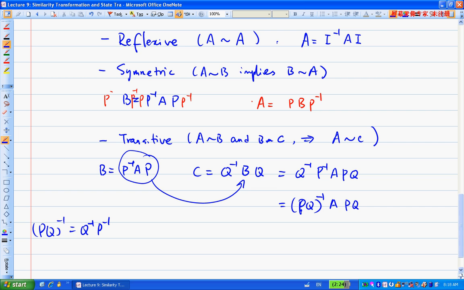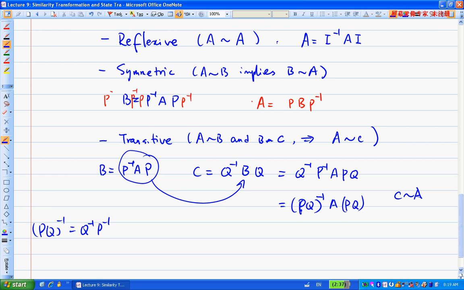So this means C is similar to A, or A is similar to C. So this is the similarity transformation.